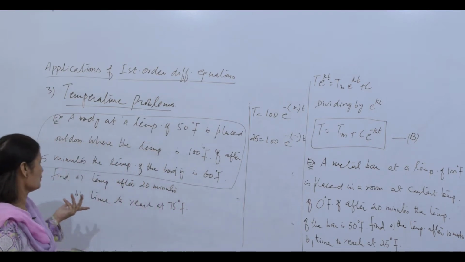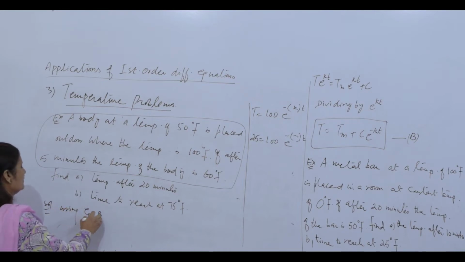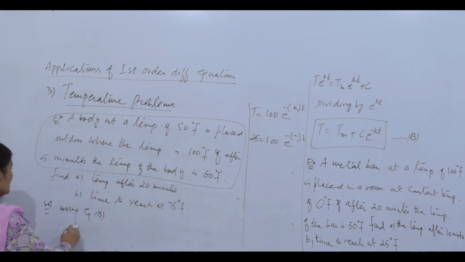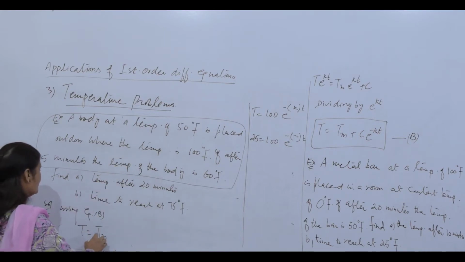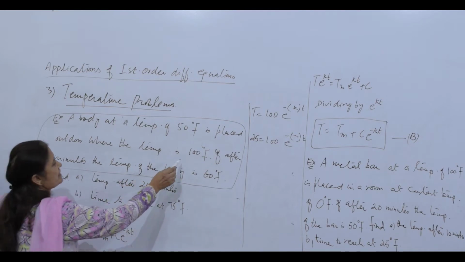I mean, this is finished now. So, solution. Using equation B, which I named: T is equal to Tm plus Ce to the minus Kt, where Tm is 100 this time.